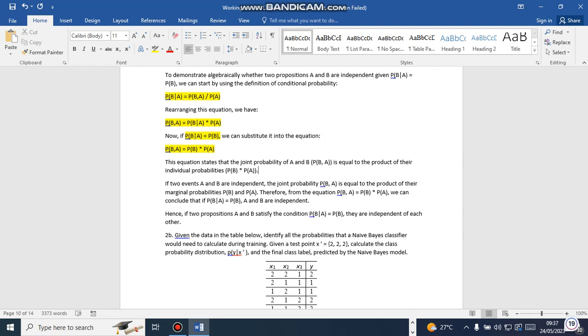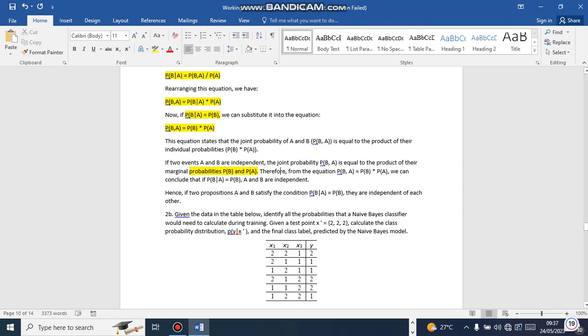Any event that is independent does not have any similarities. So if the two events are independent, the joint probability, the probability of B and A, is equal to the product of their marginal probabilities: the probability of B and the probability of A.